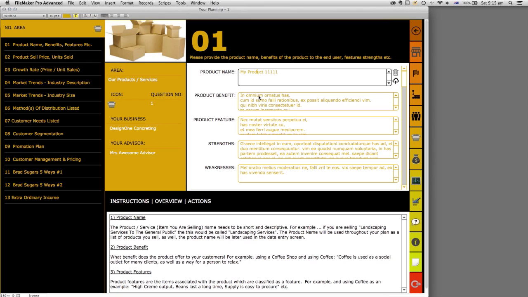The benefits to the consumer is that it enables them to create a lifestyle of their choice. Features are it's done weekly. It's paid in advance, so there's some of the features. Now, a strength to your business is high level of cash flow.